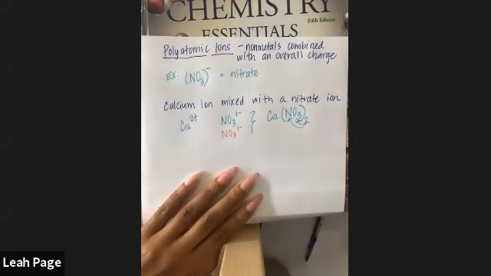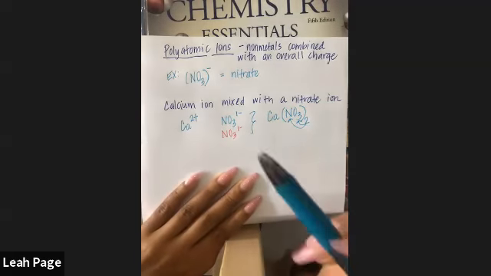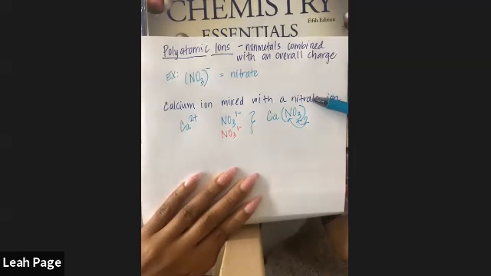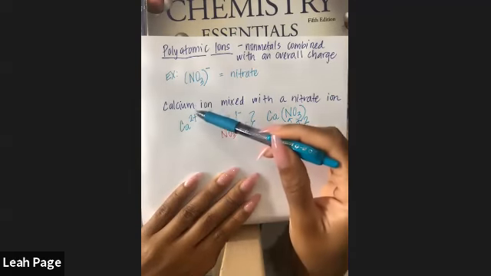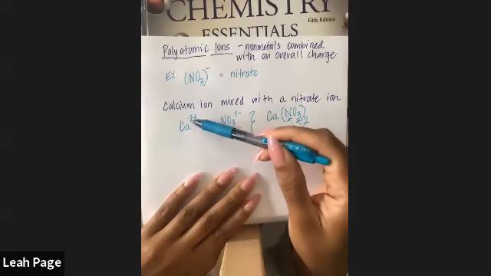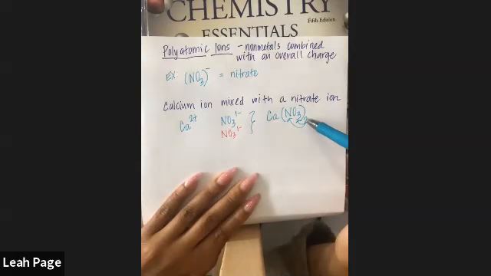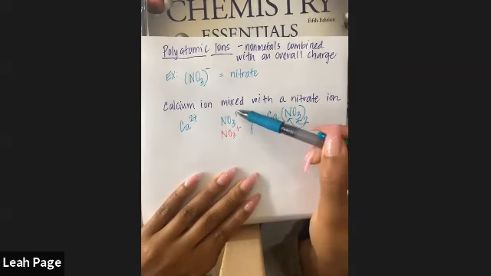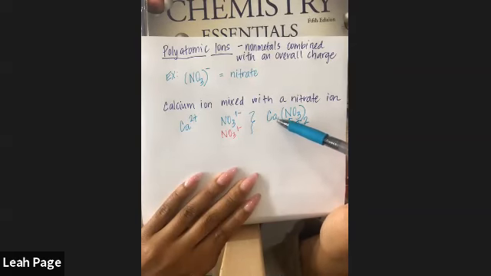Does that make sense, guys? Yes. Okay, so you guys are following me so far. Even if you have a polyatomic ion like nitrate or any of the rest on that worksheet, we're still going to do it the same way, where you can just switch the charge. Look, I put the 2 outside of the nitrate, and the 1 outside of the calcium, which you don't have to write.